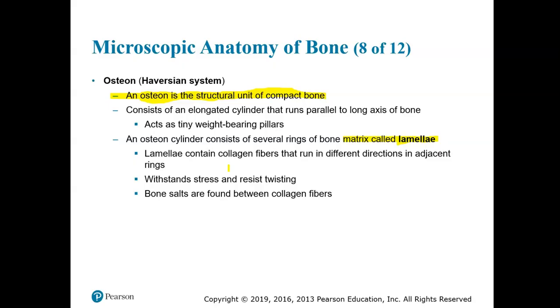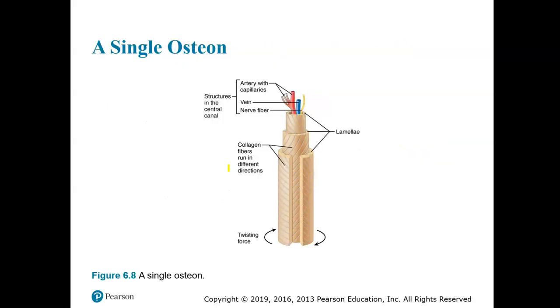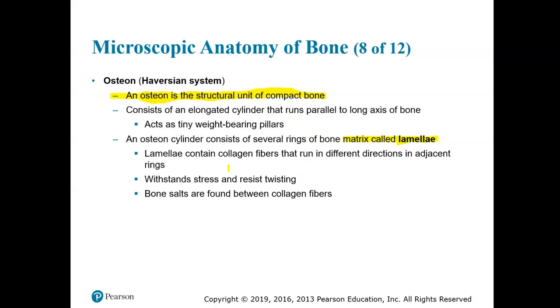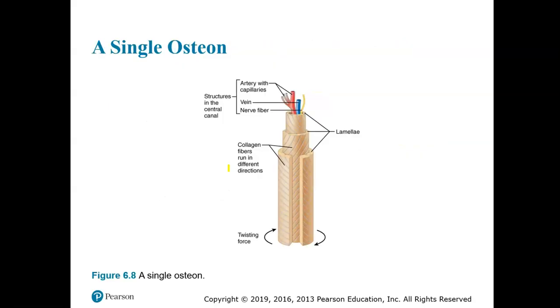And within the bone matrix, you have collagen fibers. A single osteon kind of looks like this. It's like a little straw inside a bigger straw, inside a middle-sized straw, inside a bigger straw. You can think of it like that.